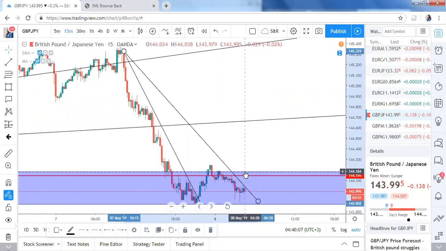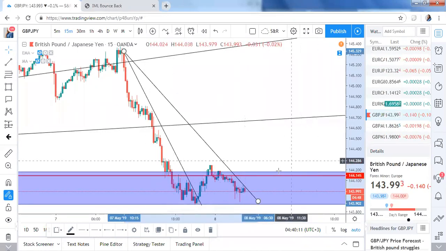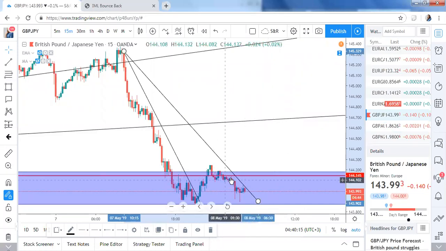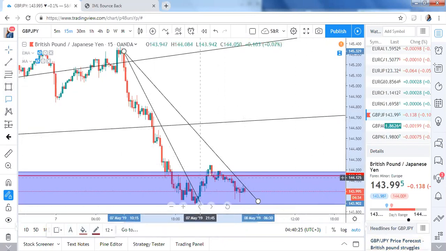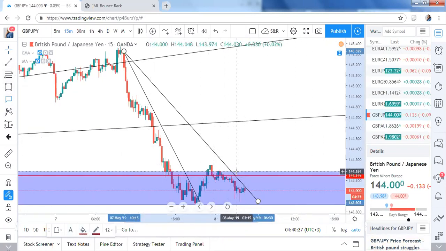Now, guys, we talked about this just now, right? This is structure. You see this blue box? This is structure. Yes, Bounceback called the buy here where you see this little red line. But me, Karen, personally, not getting into this trade until this has broken structure.